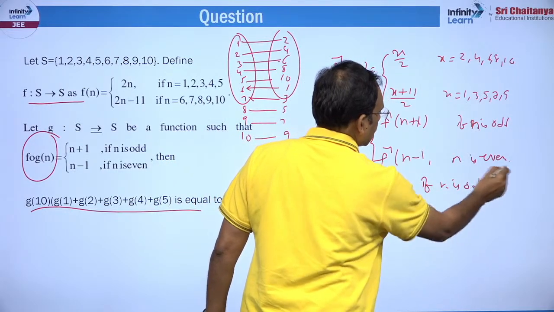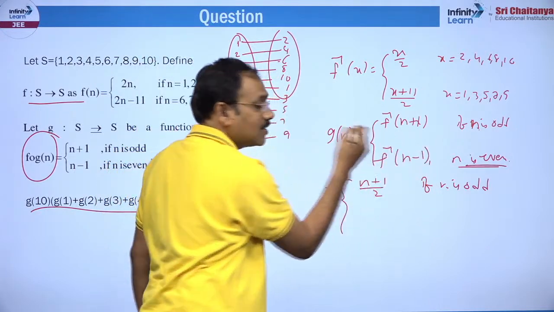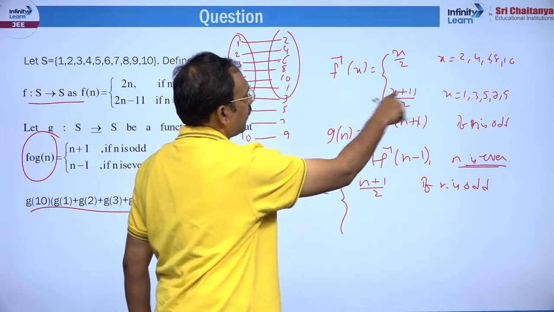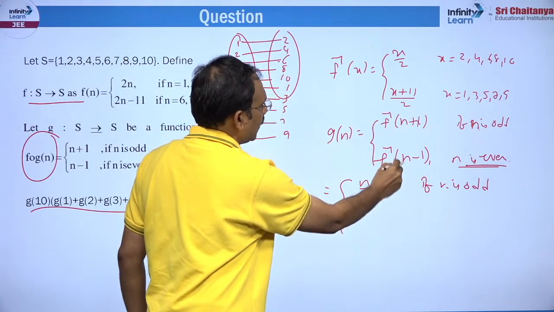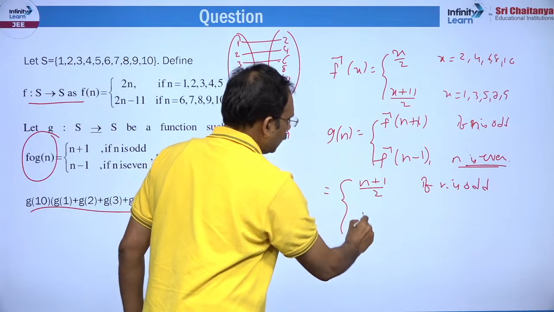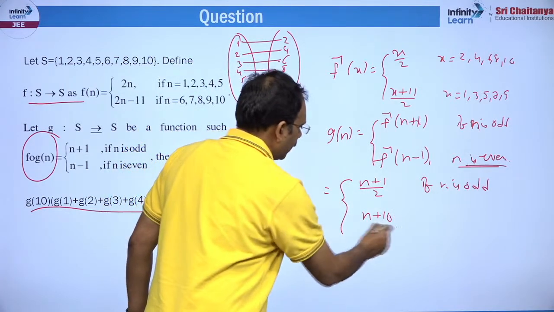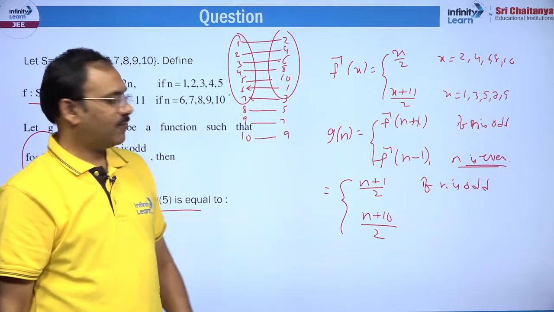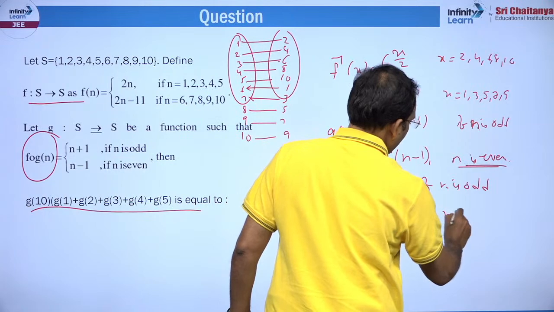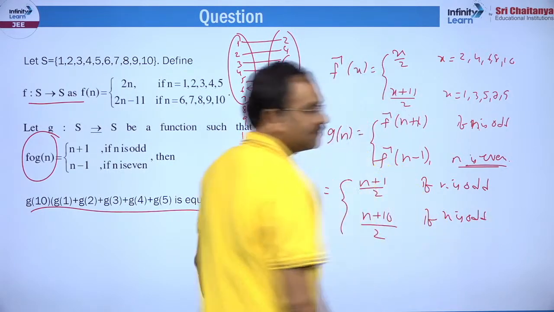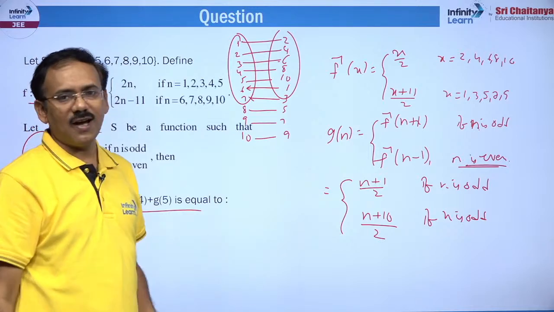Suppose n is even, n minus 1 is odd, f inverse of odd numbers, this is the definition, that is n minus 1 plus 11 by 2, which is n plus 10 by 2, if n is even. Once you prepare this, the problem is done. That's it. Now you can substitute these values and you will get the answer.